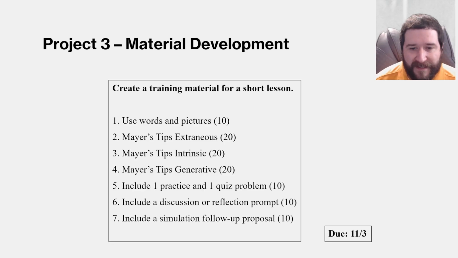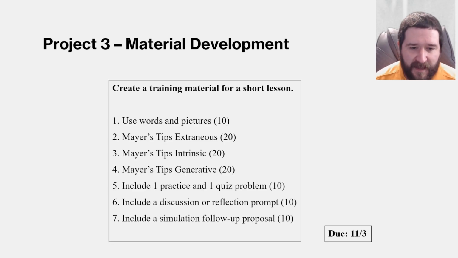I'd also like to see some of the knowledge checks we discussed today included. So I'd like you to include one practice and one quiz problem as far as that passive learning interaction. I'd like you to include one discussion or reflection prompt, right, focusing on that active learning. And then finally, at the end of the project, you're going to include a simulation follow-up proposal.